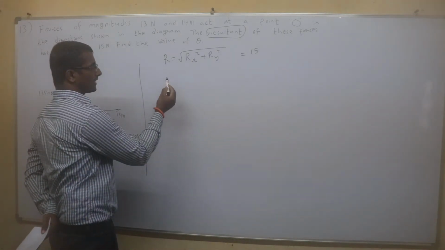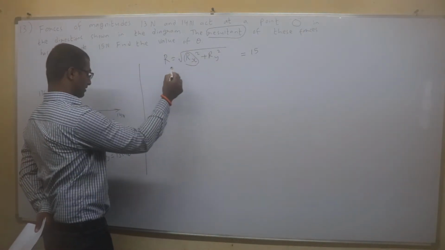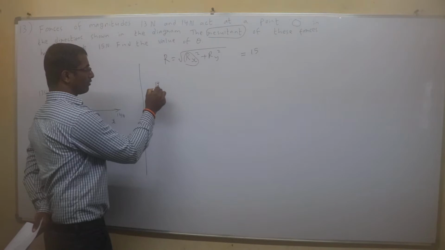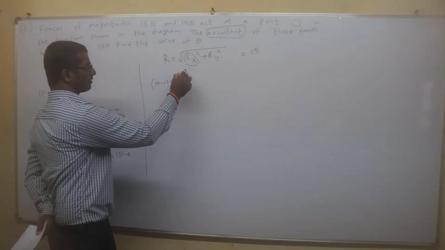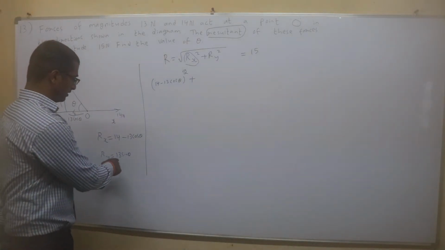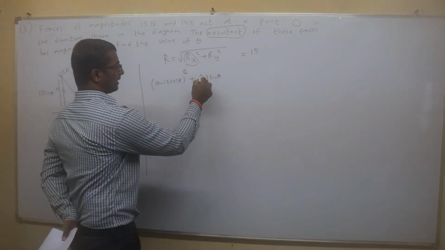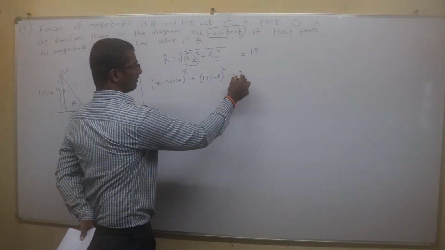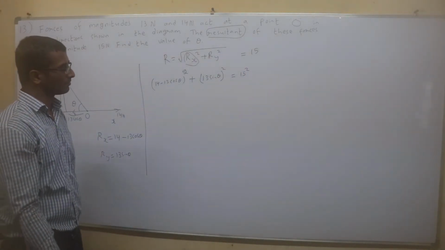Square root goes that side, it becomes 15 square, and in place of Rx, this one, 14 minus 13 cos theta whole square, plus in place of Ry, this one, 13 sin theta whole square equal to 15 square. Square root has gone to the other side.